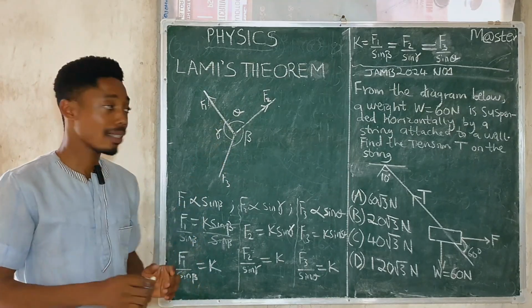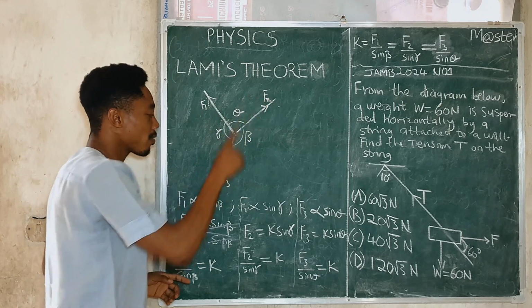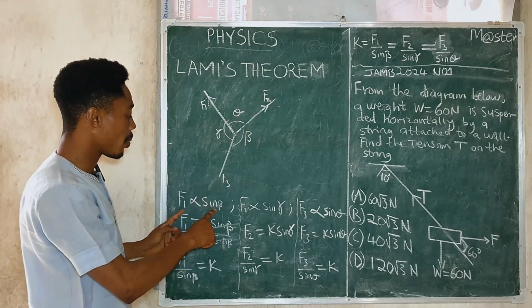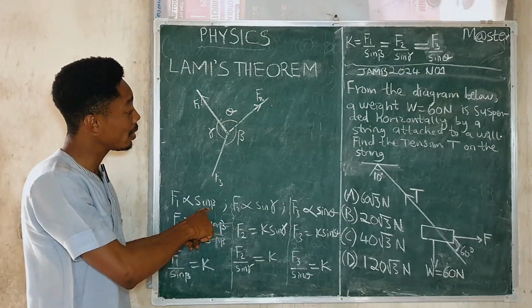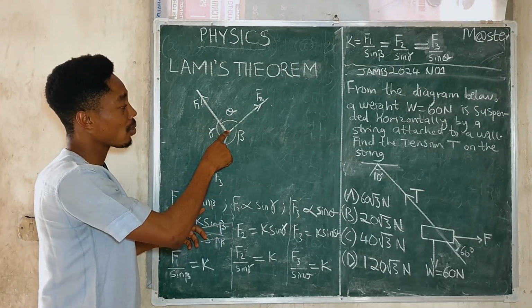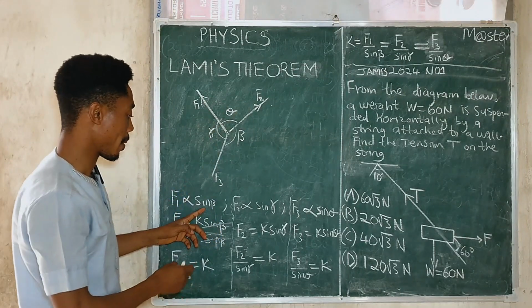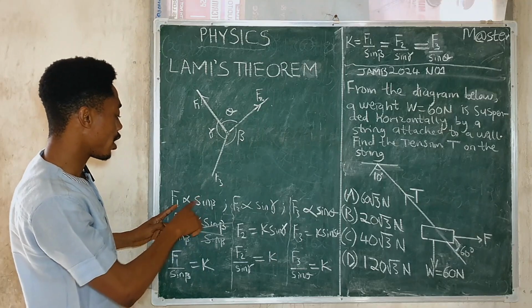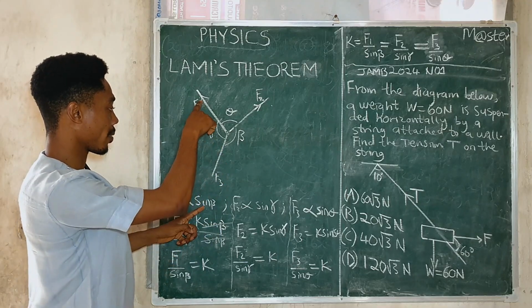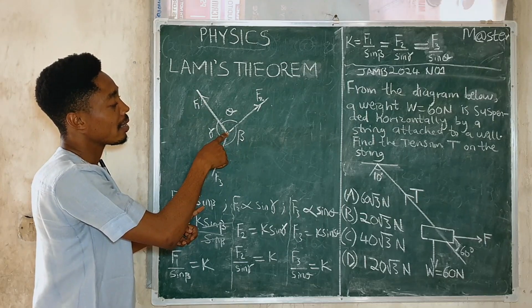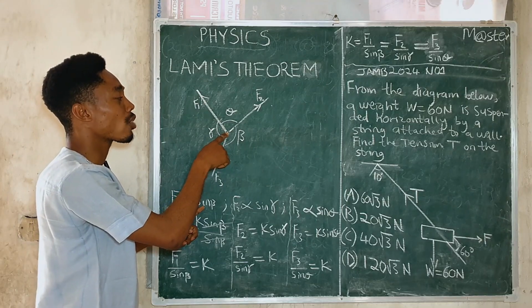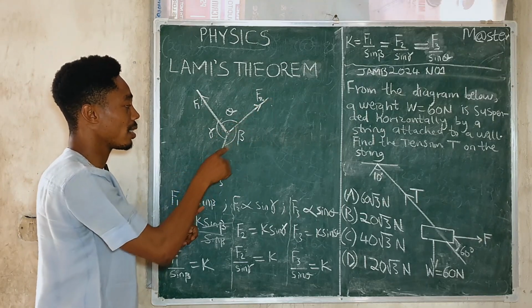Lami's theorem says that each of these forces is directly proportional to the sine of the angle between the lines of action of the other two forces. So F1 is proportional to sine beta. For F1, the angle between the lines of the action of the other two forces, F2 and F3, is this angle.